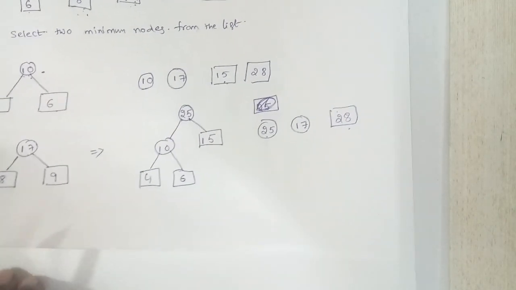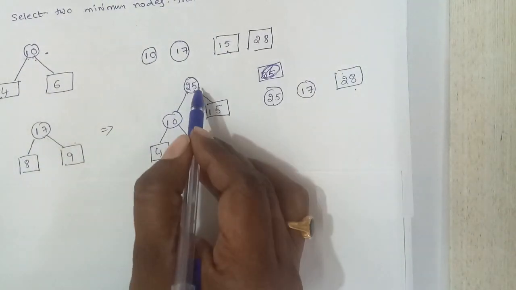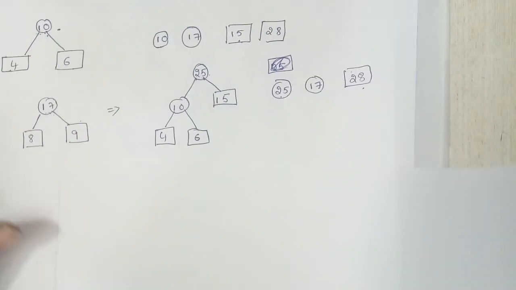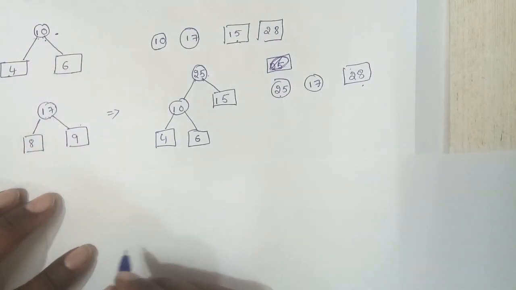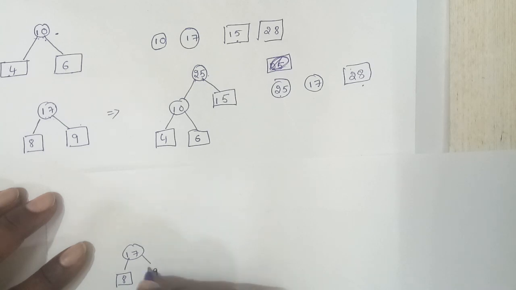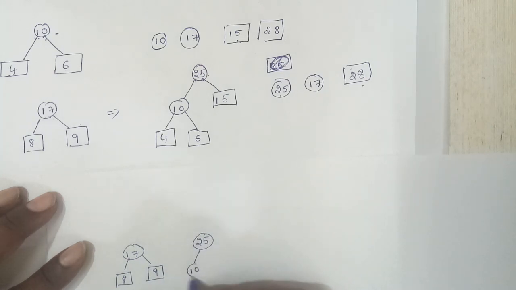Simply merge these two. In the merging, merge 17 and 25. 17 is the smaller value, so 17 is placed at the left. You got it? Each and every time you have to consider the previous result also. 25.